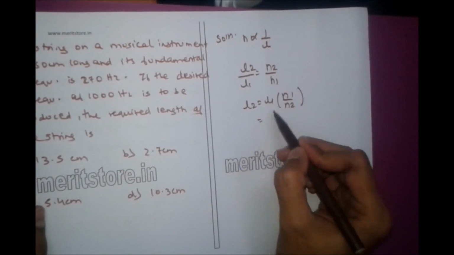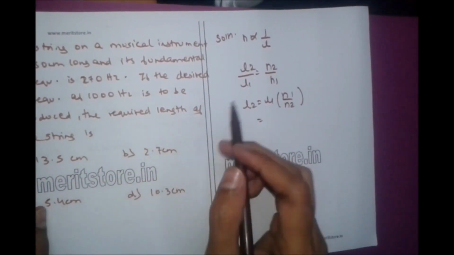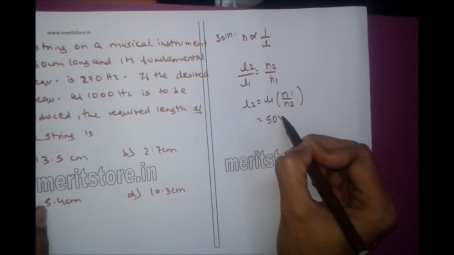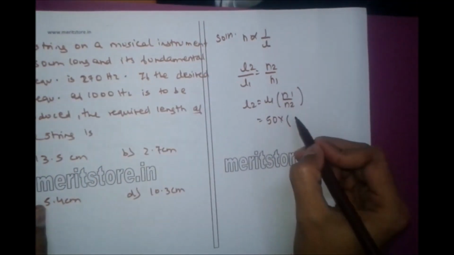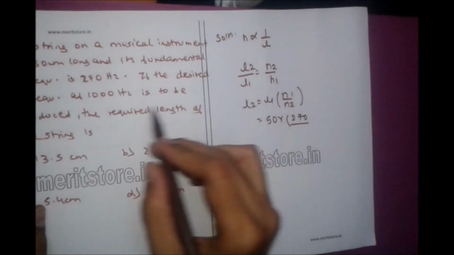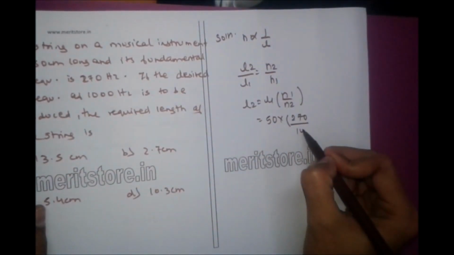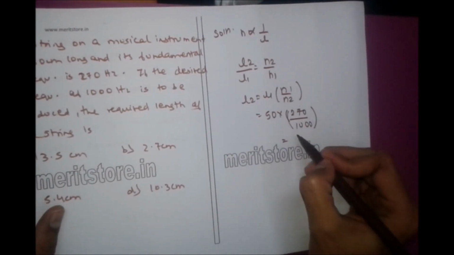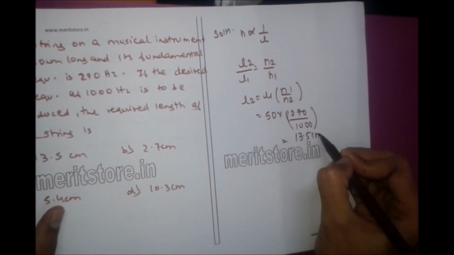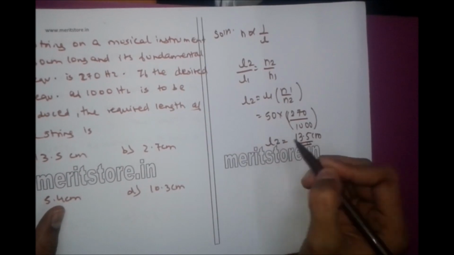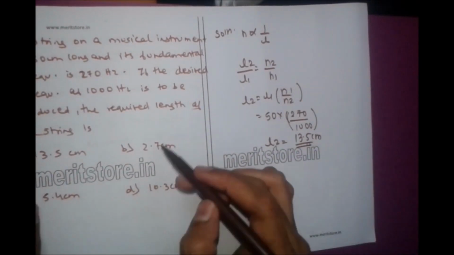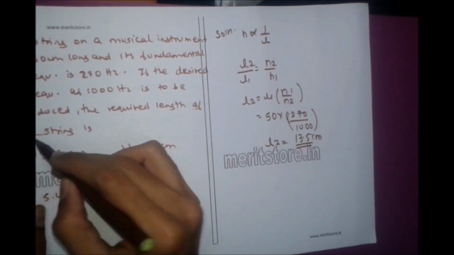The value for L1 given is 50 centimeters, multiplied by N1, which is 270, upon the desired frequency of 1000. After solving this, the value comes out to be 13.5 centimeters. That is L2, the desired length. So the correct option is A.